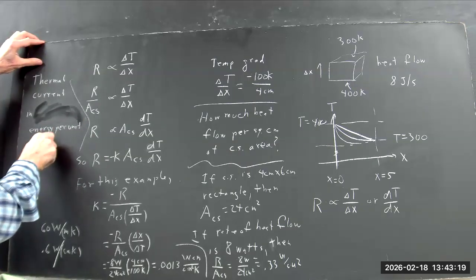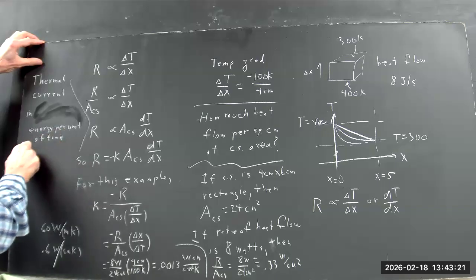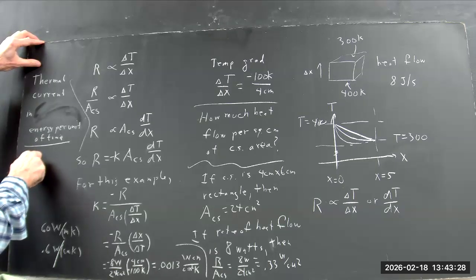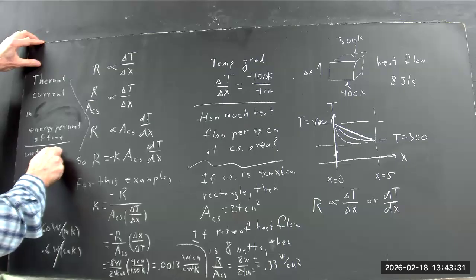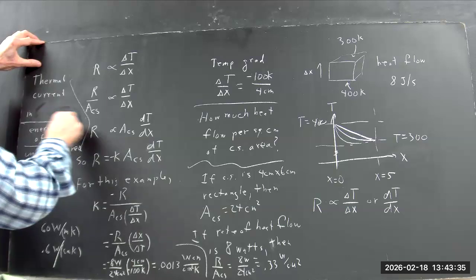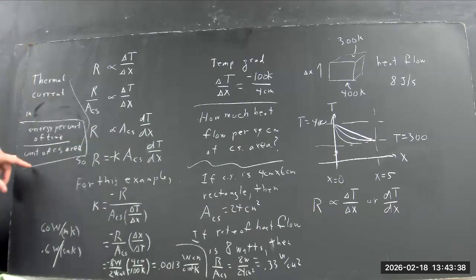It's energy per unit of time per unit of cross-sectional area. Choosing my words as much to fit them into available space as for clarity. Okay? You want to ponder that. You want to understand that in terms of what we just saw.